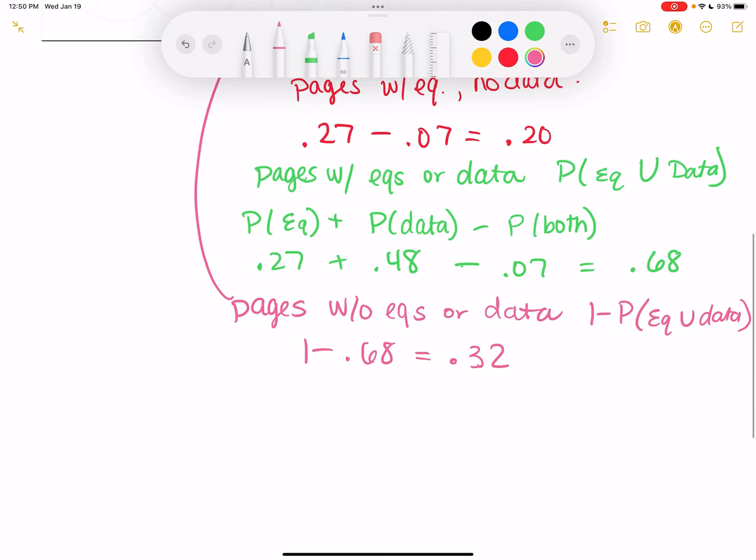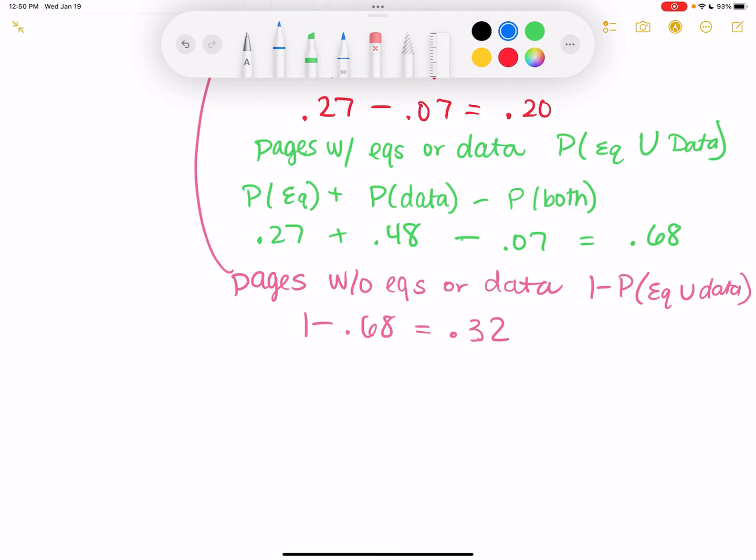All right, now we're going to throw it back to contingency tables, or conditional probability.